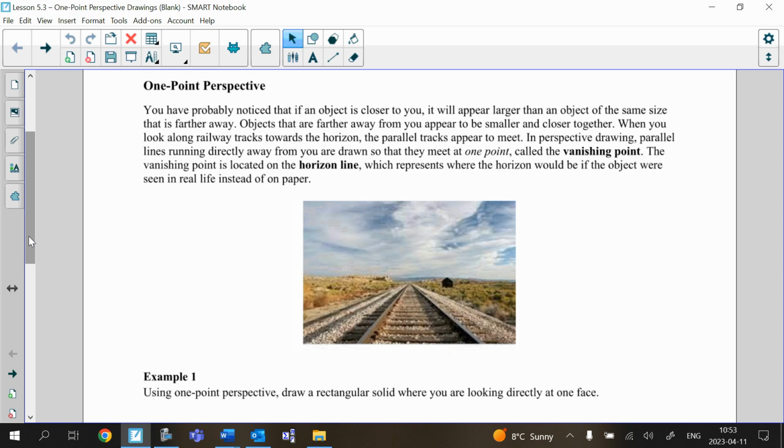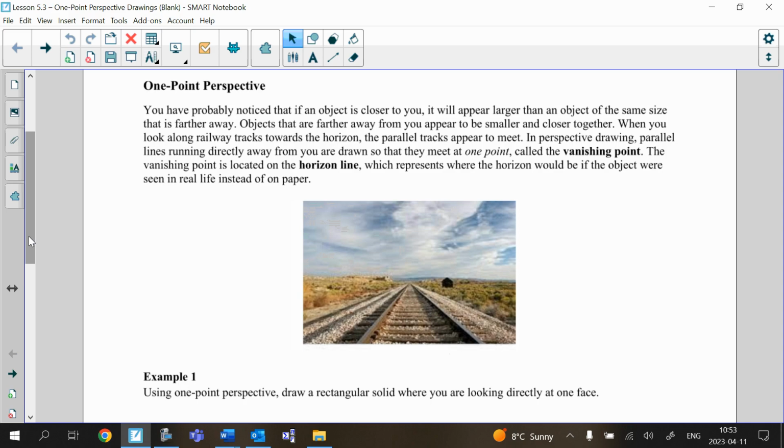And if you look off in the distance, you can see both lines of the railway tracks. But the farther you look down towards the horizon, the smaller the railway tracks get until they reach a point where they basically disappear. And that's called the vanishing point. And we can use that to draw a 3-dimensional representation.